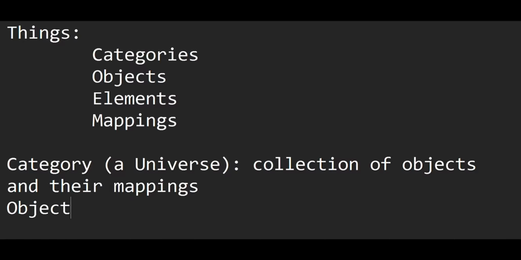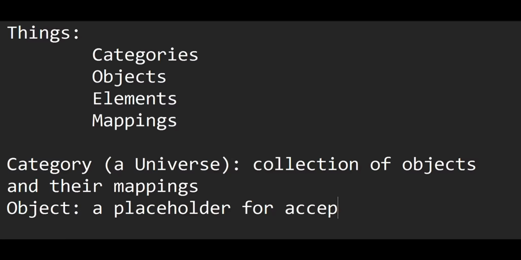What is an object? An object is a placeholder for acceptable values. Alternatively, you can think of an object as a set of things that can be represented by that placeholder.